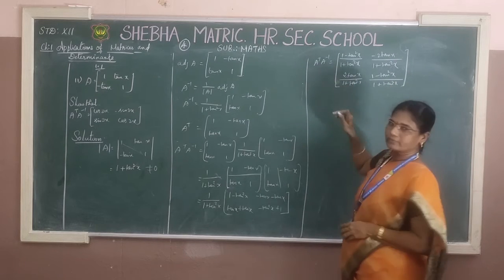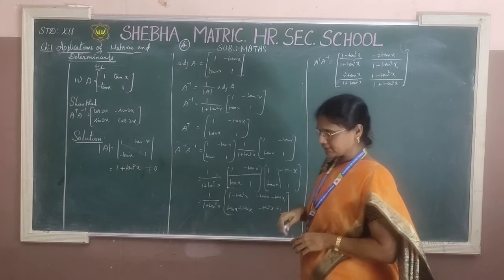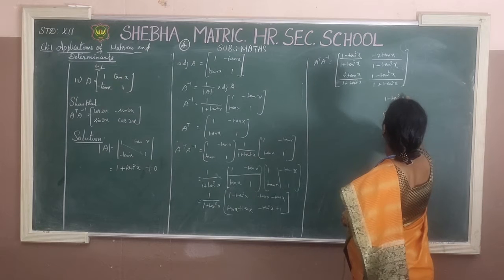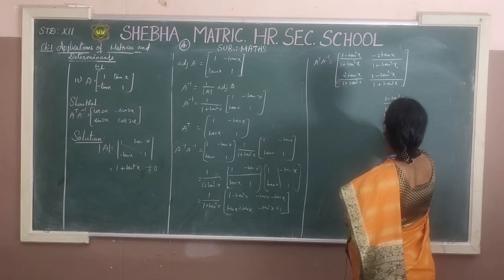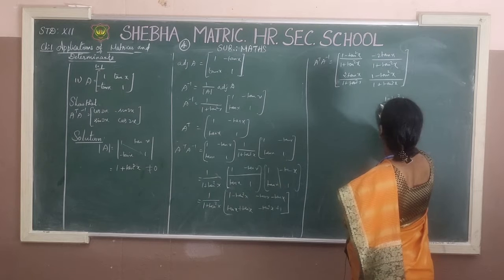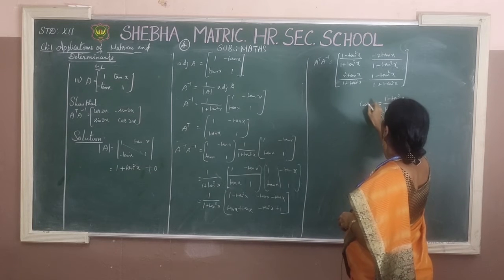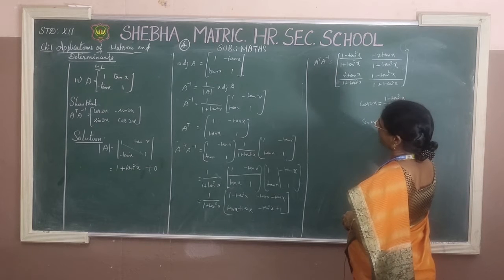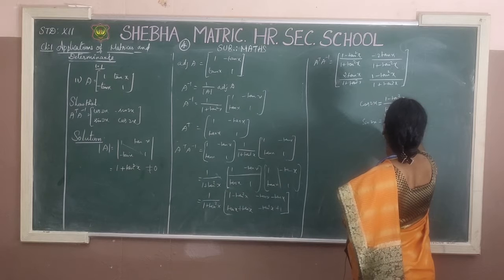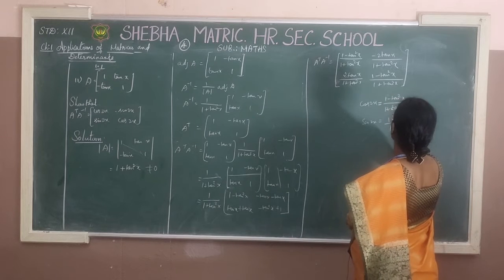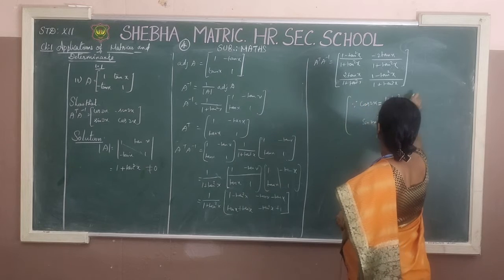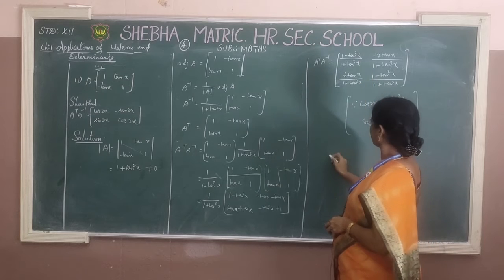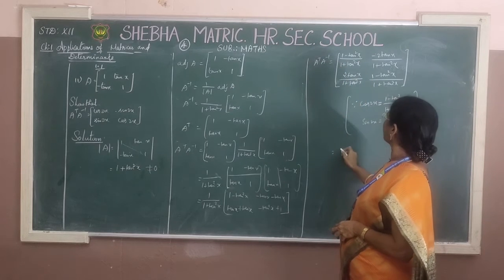And here also we use the trigonometric formulas we have studied in class 11th. 1 minus tan square x divided by 1 plus tan square x is equal to cos 2x, and 2 tan x divided by 1 plus tan square x is equal to sin 2x. Using these two formulas, what does the matrix A transpose A inverse become?